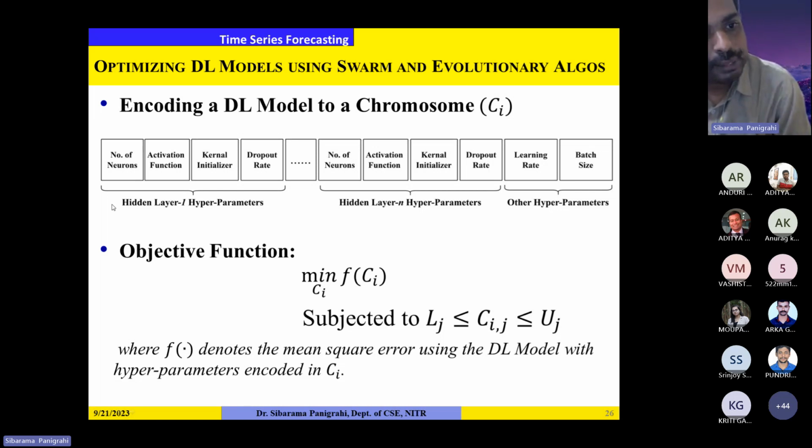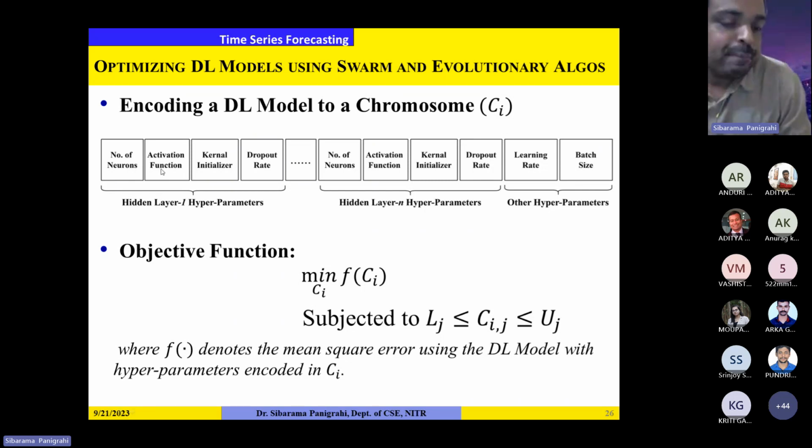First I keep the 4 hyperparameters of hidden layer 1, then the 4 hyperparameters of hidden layer 2, and similarly up to n hidden layers. After that, we keep the model hyperparameters, that is the learning rate and the batch size. Here we haven't kept the optimizer. We have fixed the optimizer as Adam because Adam is the most promising optimizer to train a deep learning model.